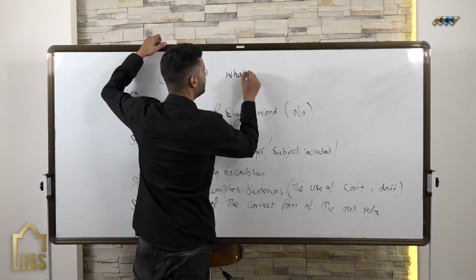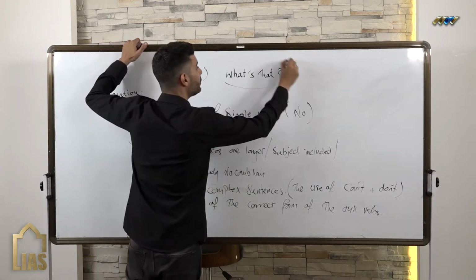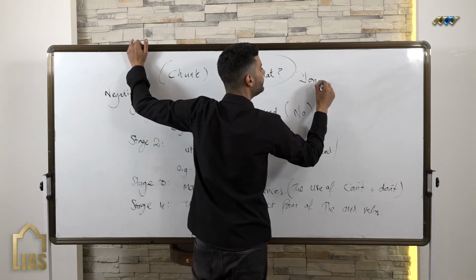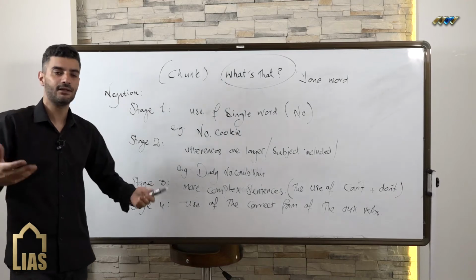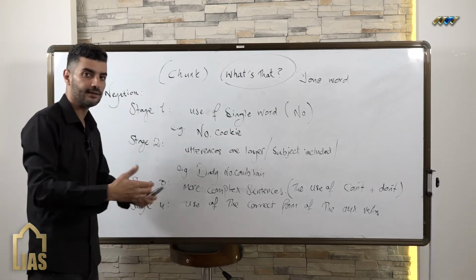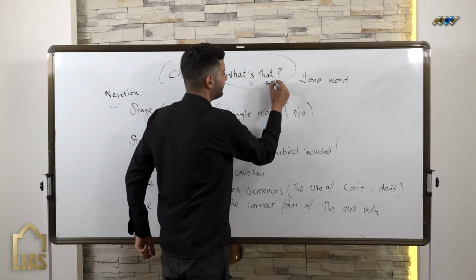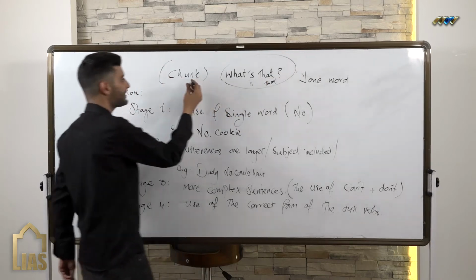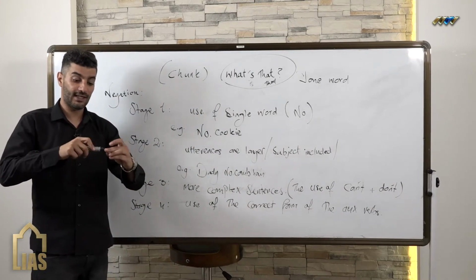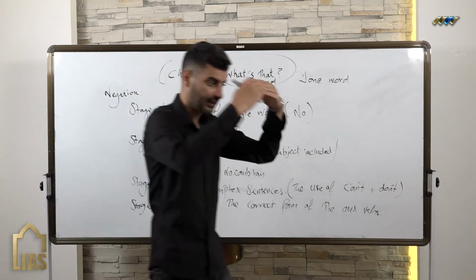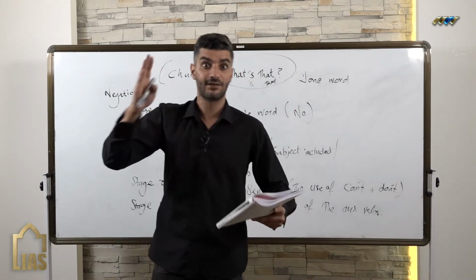For a child, this all together is one word. The child does not yet have the ability to understand that this consists of what and is and that. For the child, this is all one word, learned as a chunk. At this early stage, they still don't know that what is a separate word.